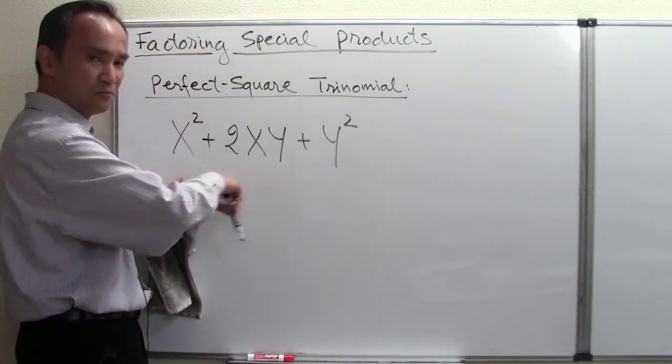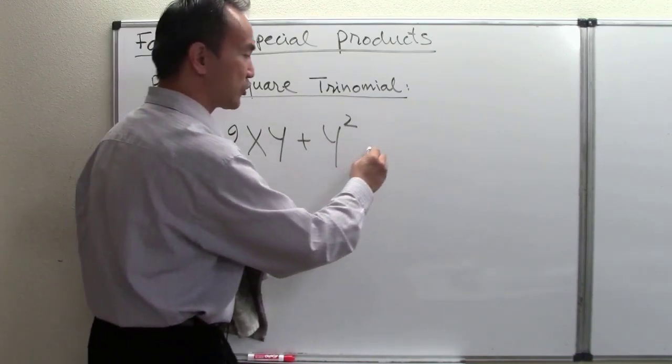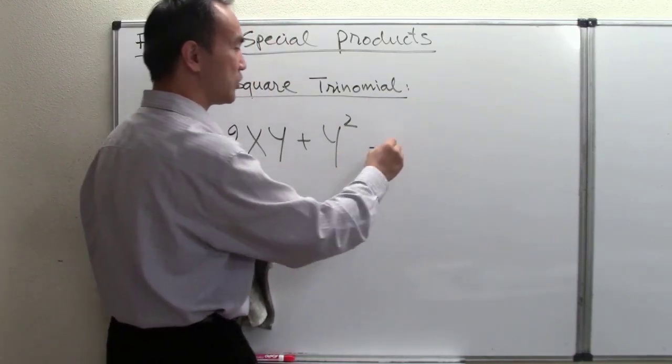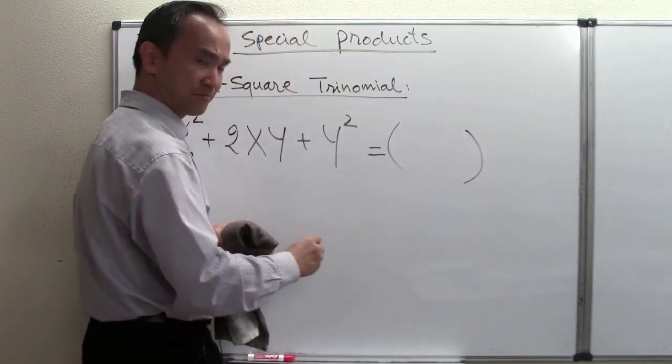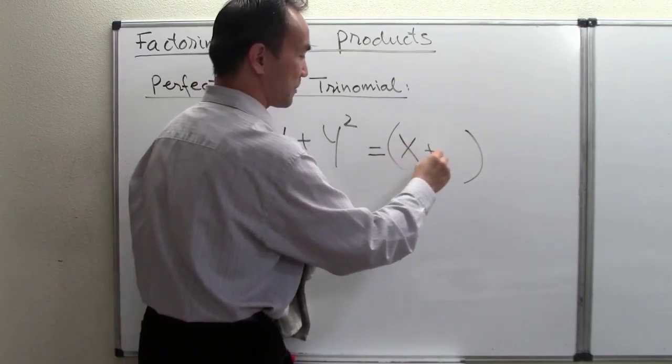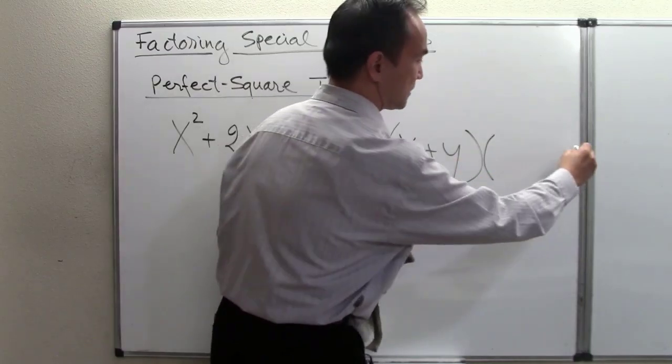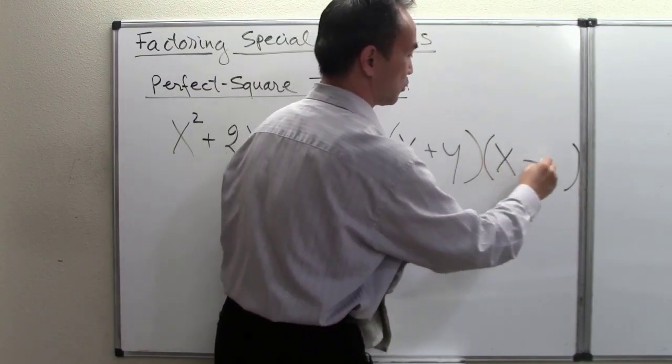So with a quadratic expression like this, this can be factored into one pair of parentheses, x plus y, in product with another pair of parentheses, x plus y again.